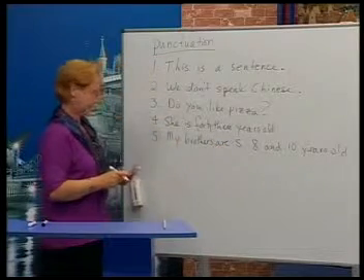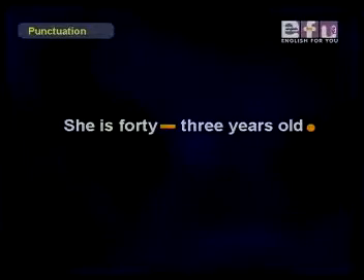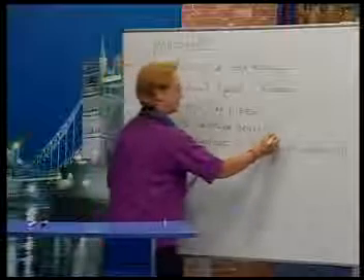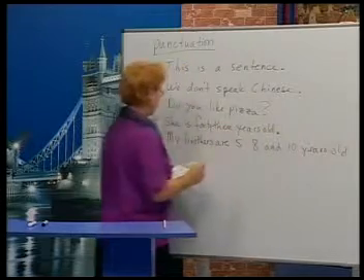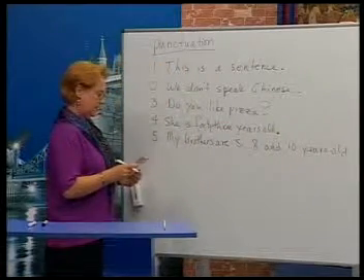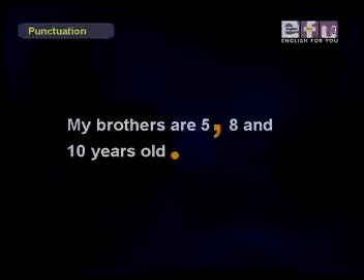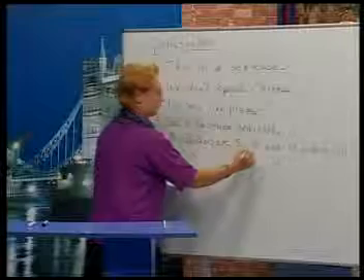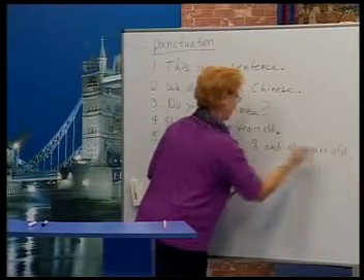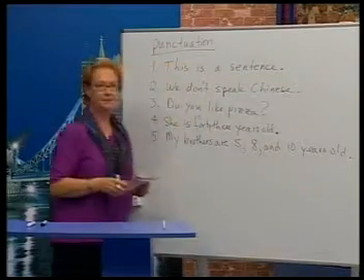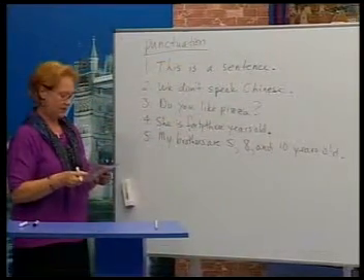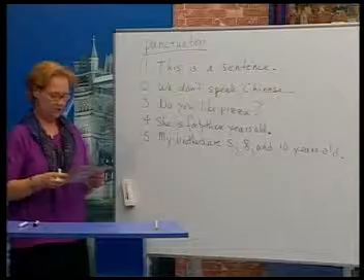Okay, Lisa. She is 40-3 years old. Period. Yes, good. And last one, Isabel. My brothers are 5, 8, and 10 years old. Period. Okay. All right. There should also be a comma here. Okay? All right. Good job, all of you.